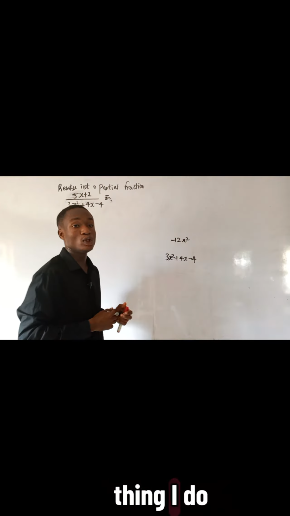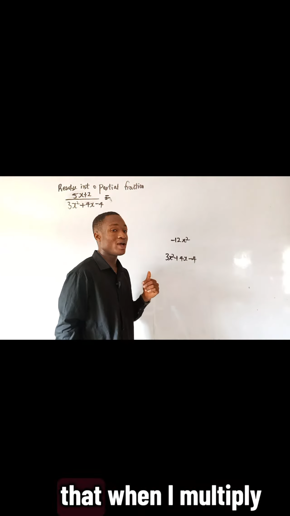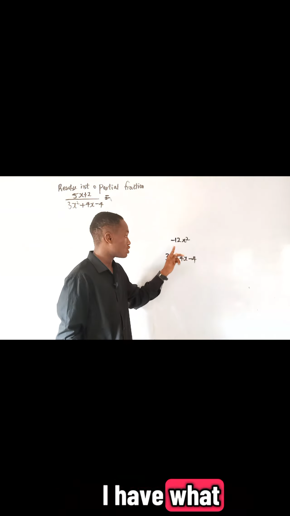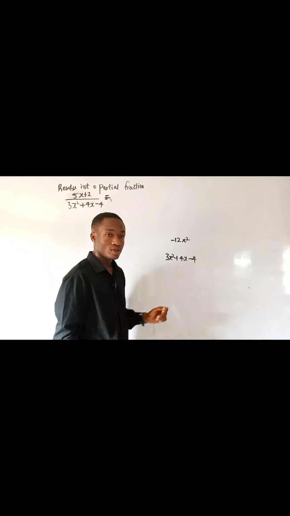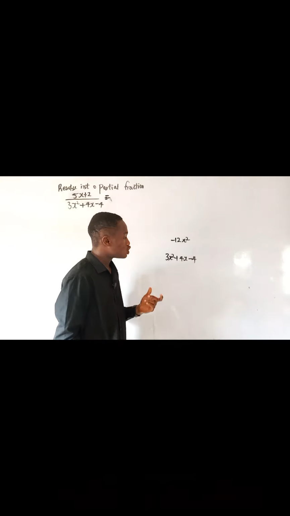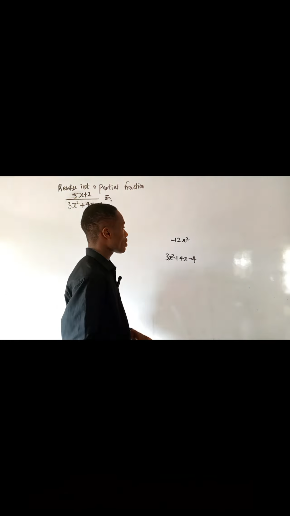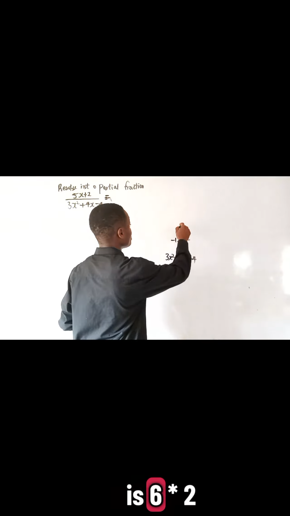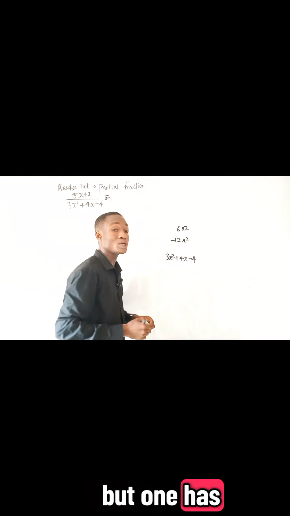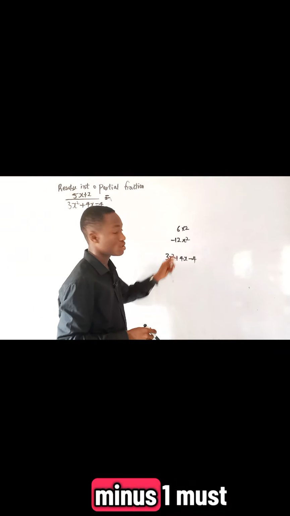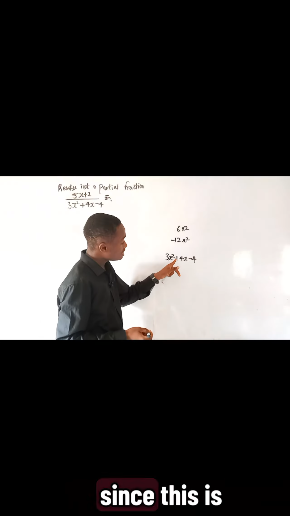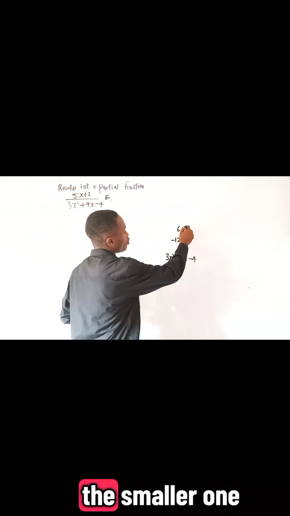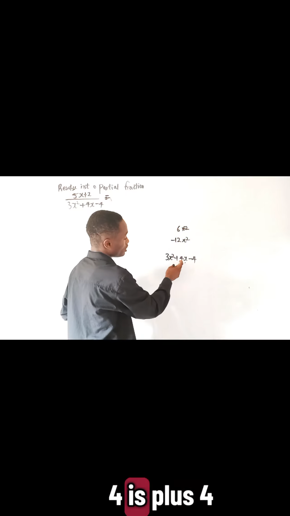Now, the next thing I do is look for two numbers that when I multiply, I get this, and when I add or subtract, I get the center number. So what are those two numbers? I can see that it is 6 times 2. But one has to carry a negative sign since we have minus. Now, which one will carry the minus? Since the middle term is plus, it's the smaller one, because 6 minus 2 is plus 4.